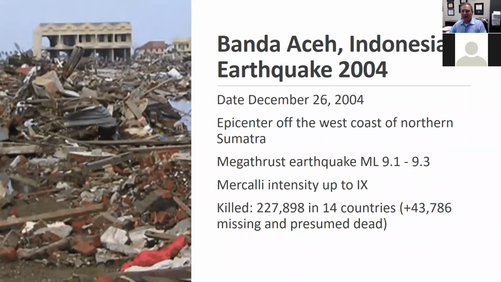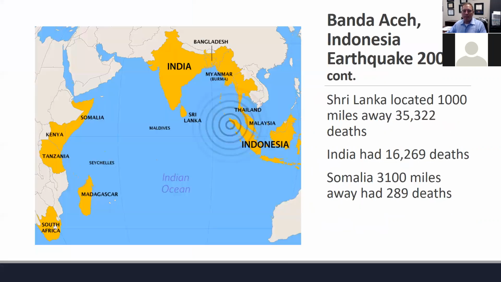The Banda Aceh earthquake in 2004, again, major earthquake, 9.1 to 9.3 moment magnitude, and then Mercalli intensity up to an 11. Killed almost 250,000 people in 14 countries. This gives you an idea of where the earthquake took place.